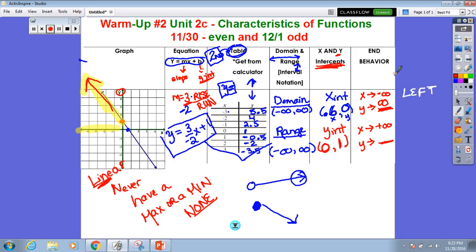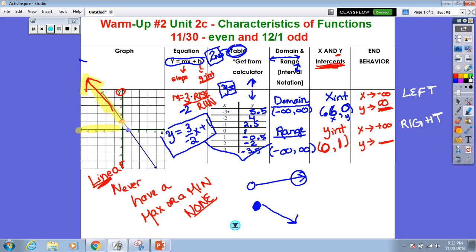Alright, now let's look at the other side of the graph. So when they say as x approaches positive infinity, like this, that means look at the right side of the graph. Okay? We start at 0 and we're going to trace our line starting at 0 right here, but we're on the positive side.